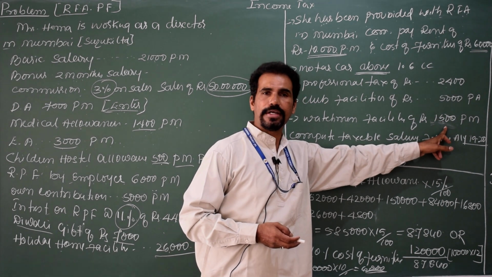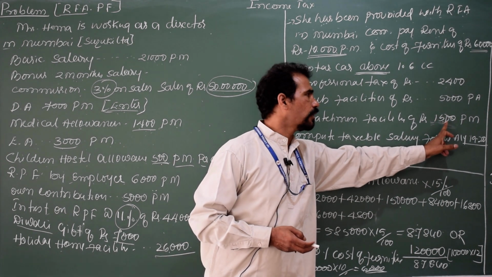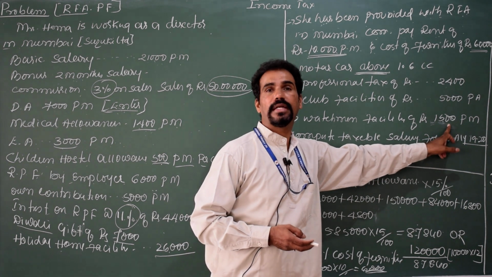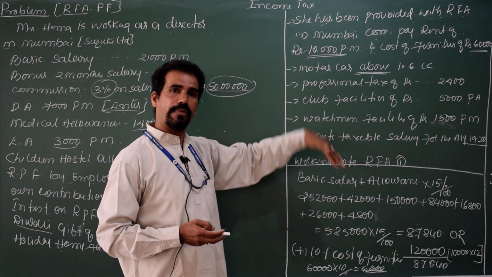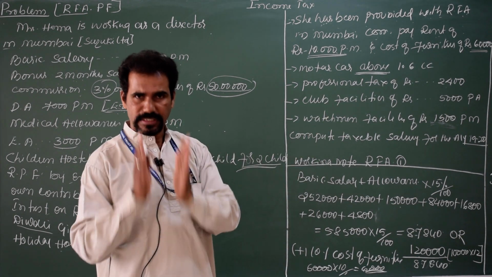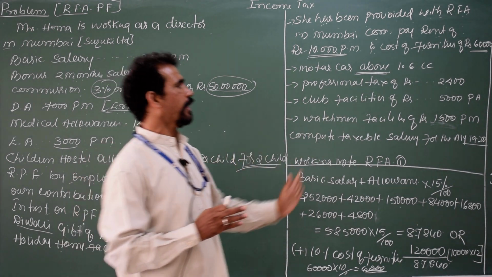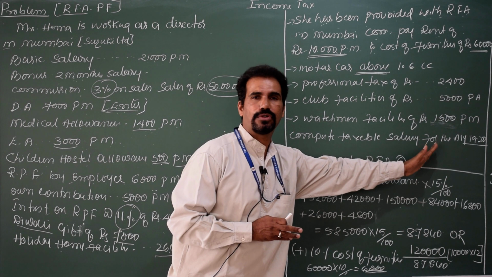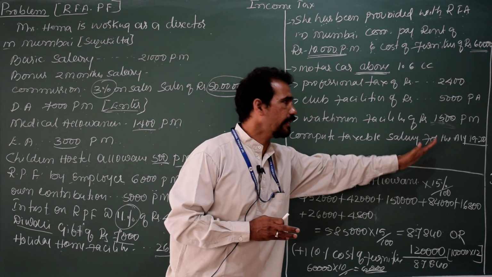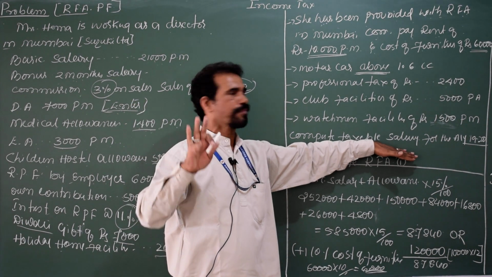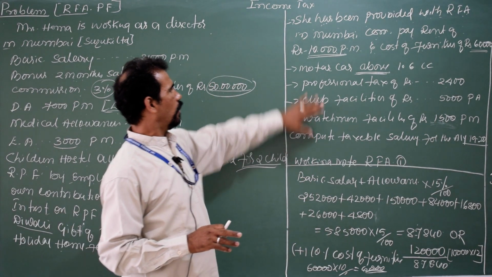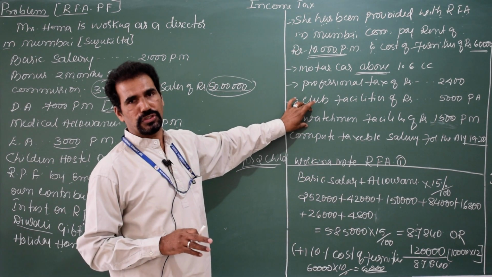So 1,500 into 12 is the taxable amount, but he is not given it free. Sometimes these facilities are provided by the employer free in the sums. Free means you should not transfer the amount to the outer column, because the expenditure is met by the employer, not the employee. Okay. Next. This is only for the questions.